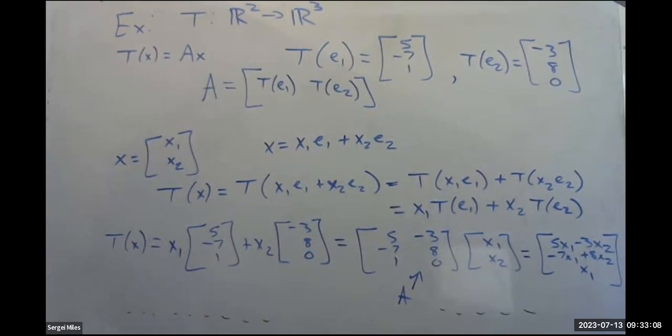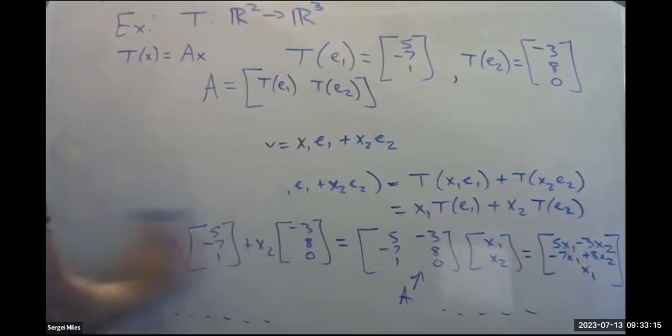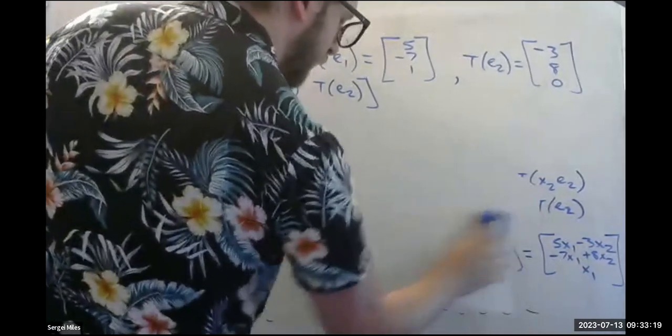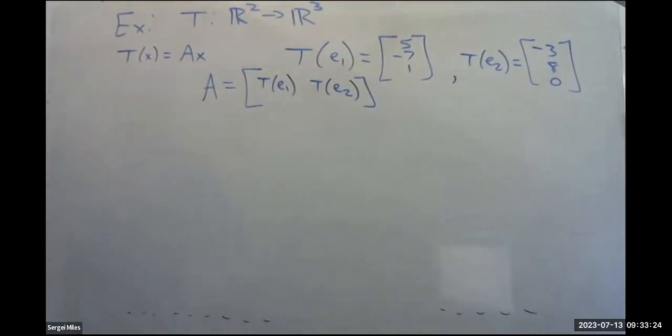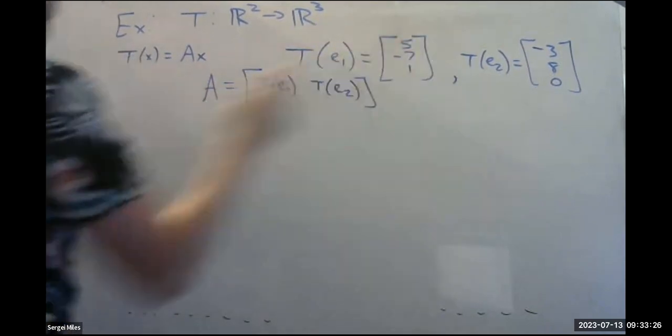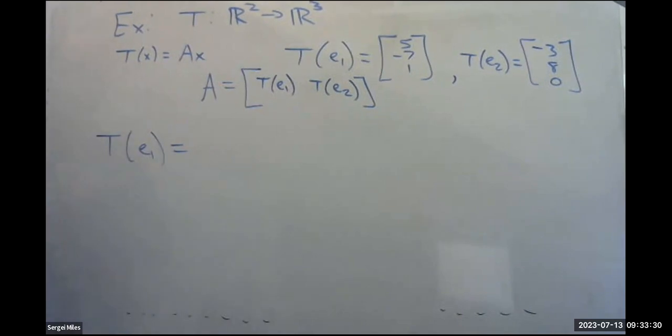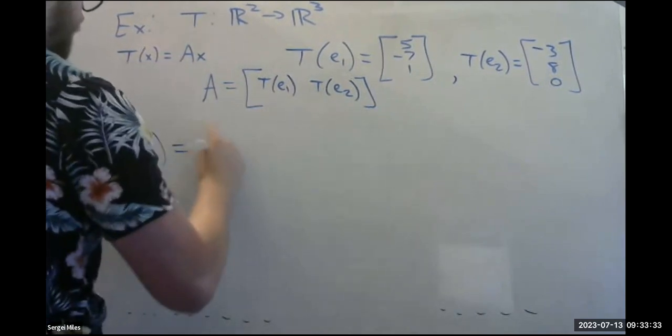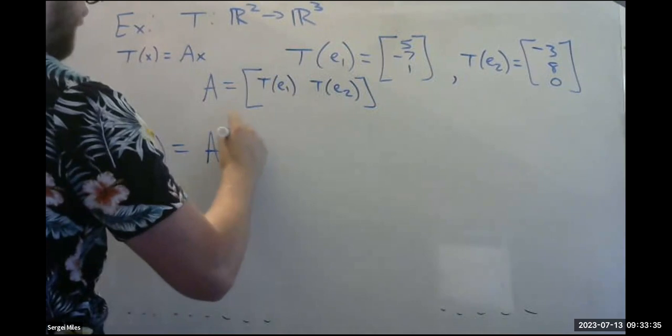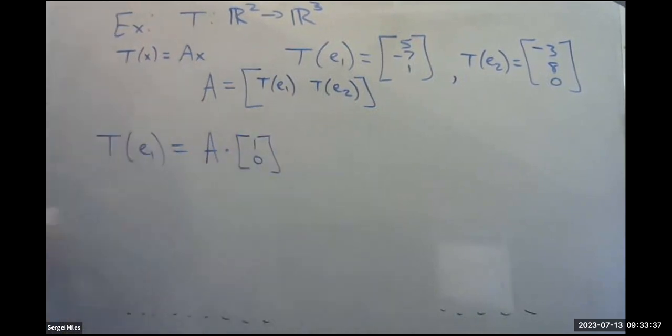Why does this work, though? And we saw it worked out in this example. Why does this work in more general terms? Why is this going to work all the time? Well, notice here, forget about this for a moment. What is T of e1? Well, T of e1 has to be the matrix A times the first identity column, right?